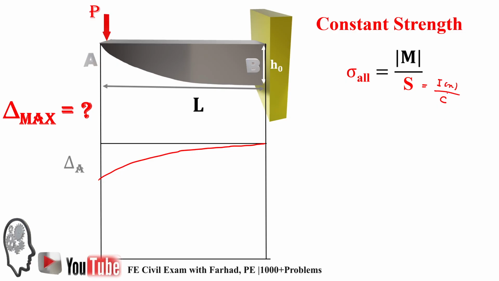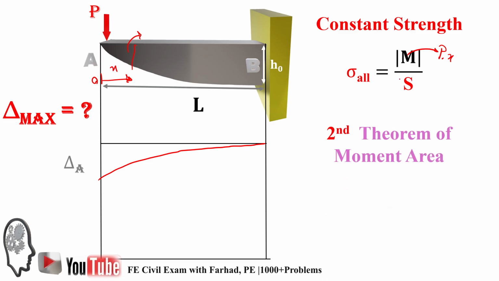So S is changing, and M is changing, and M is simply P times x. If you consider the free end as the origin, x is the distance from it, so the moment is changing.